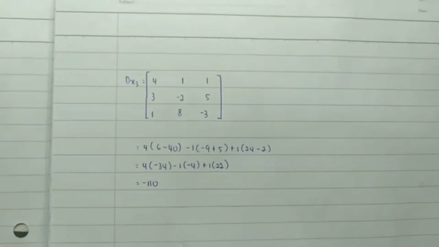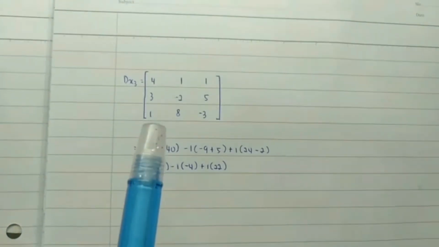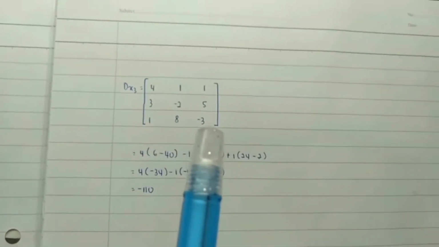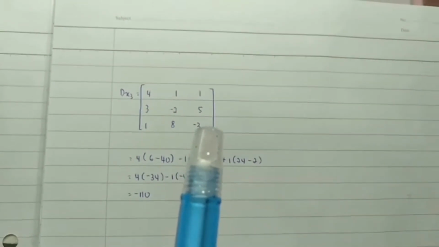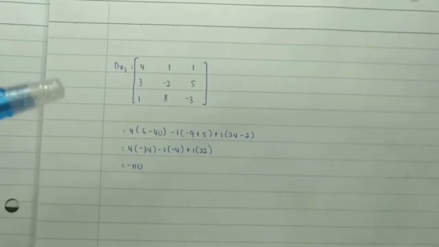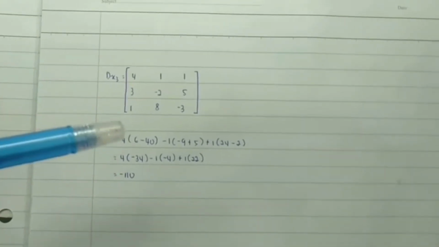And lastly, you leave the x1 and x2 columns alone, while the x3 column, you change it to the values on the other side, so it becomes like this. And as usual, take this 4, put it right here.